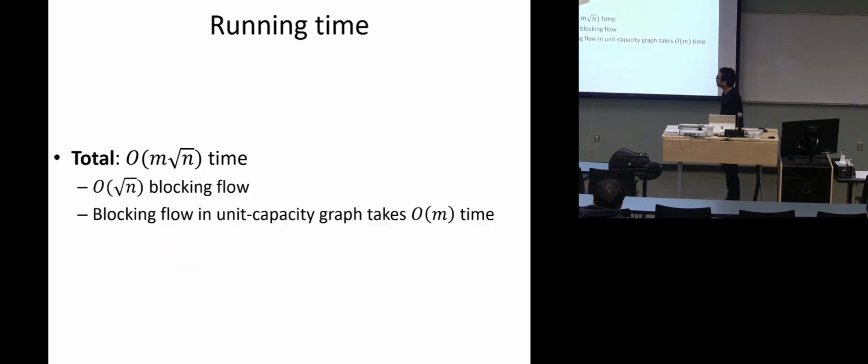So the total time is going to be m root n, because you need root n blocking flows. But a blocking flow, as you will show in your homework, takes just linear time when the graph has unit capacity. So that's how you get m root n.